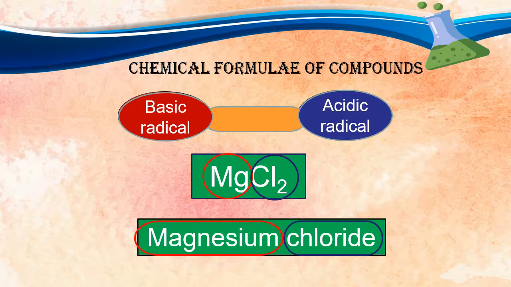The charges are not shown, though the number of ions is written as a subscript on the right of the symbol of that ion. Here there are two chloride ions, so the number 2 is written as a subscript on the right of the chloride ion. In this way, the formula of a compound can be obtained.